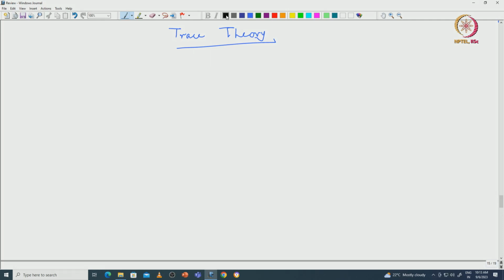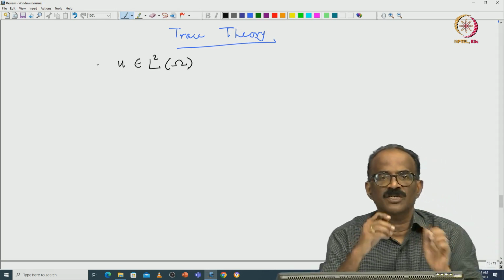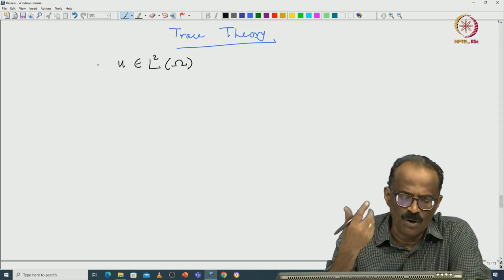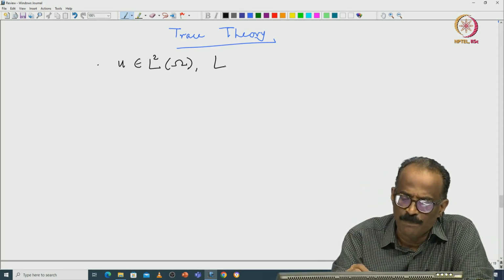So, trace theorems are important because when you have a function u in L2 of omega, L2 functions are defined only almost everywhere, and even L^p of omega.